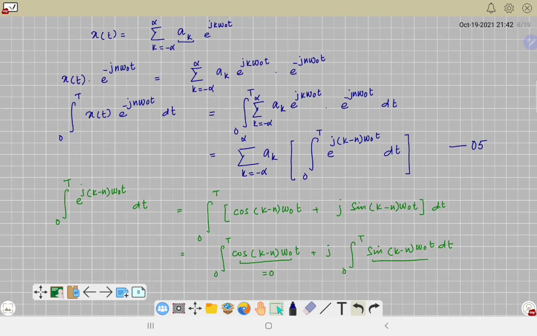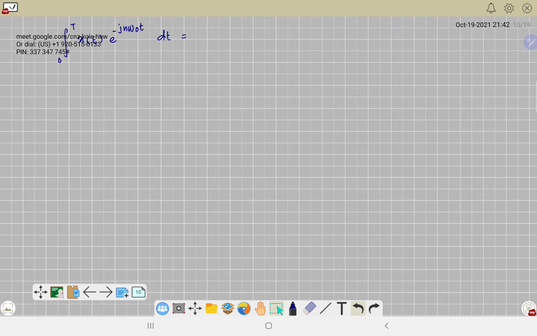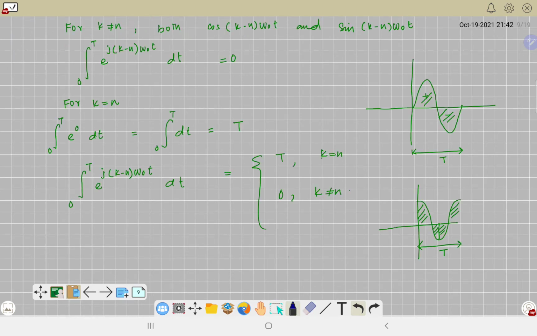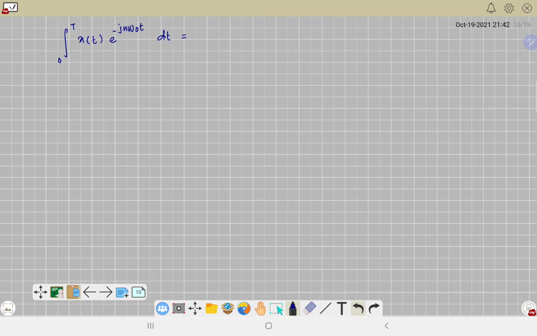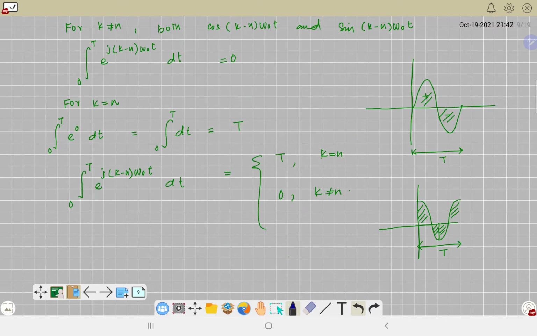X of t, and on the right side, I will be left, just a second, summation will be there, but it will be something like this. Summation k runs from minus infinity to plus infinity. Let me just first rewrite the entire thing.